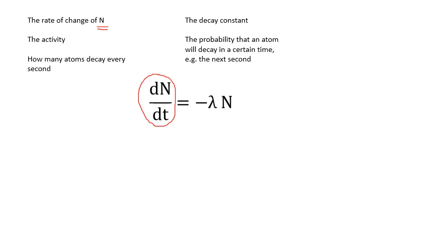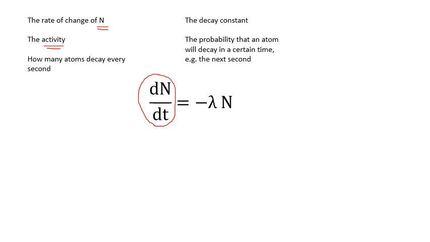Yes, n is getting smaller as time goes by, and the rate of change of n, how quickly it's getting smaller, is the activity. It's how many decays happen every second, how many atoms decay every second.